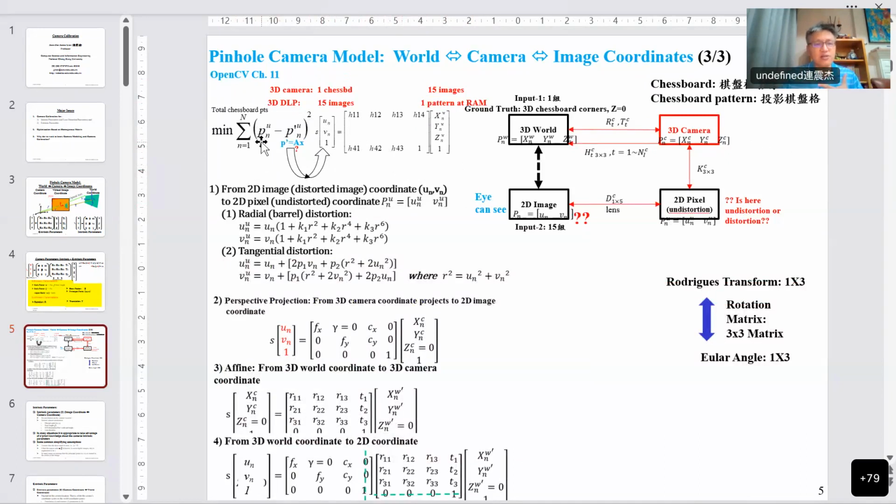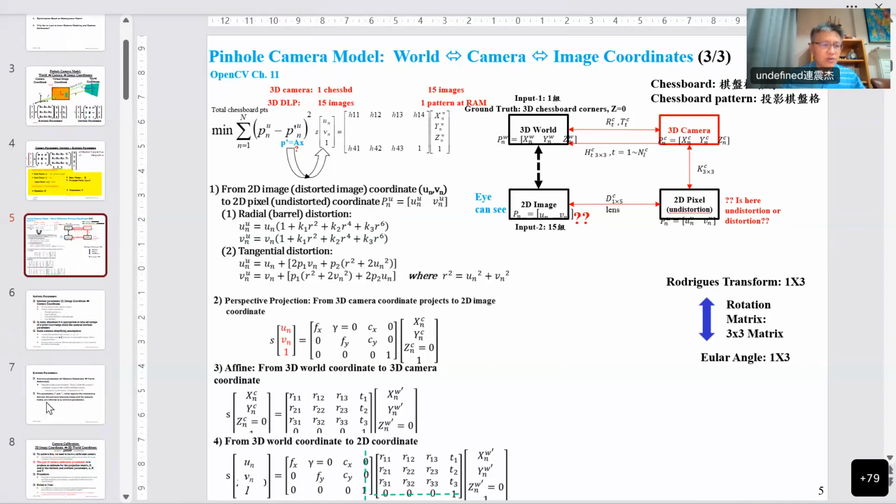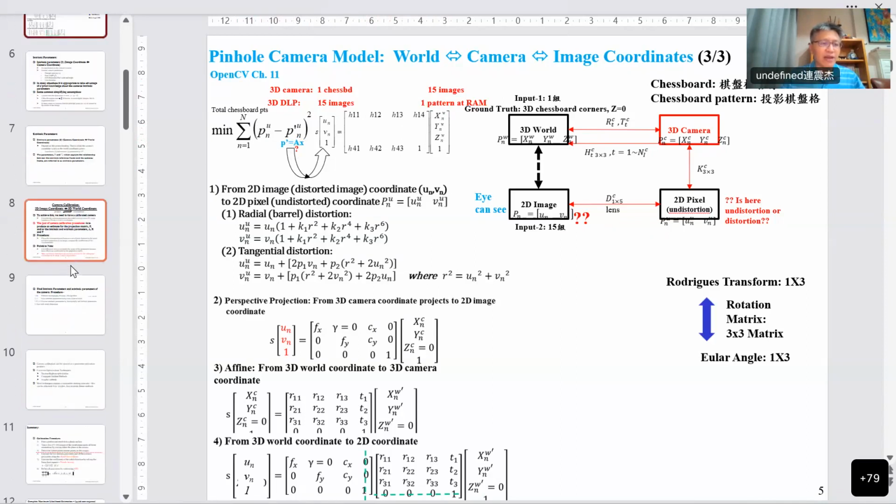In our case, we use a chessboard. The corner points of the chessboard are this one, on the 2D image. The chessboard on the 2D image is this. So this is the ground truth, and this P prime is equal to both matrices. Okay, so that's what we will talk about for calibration.